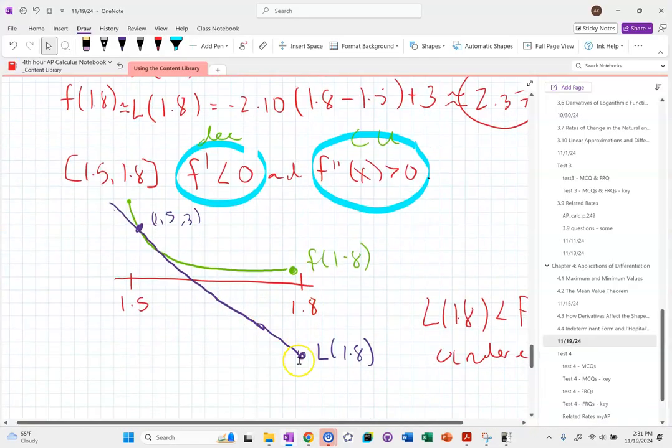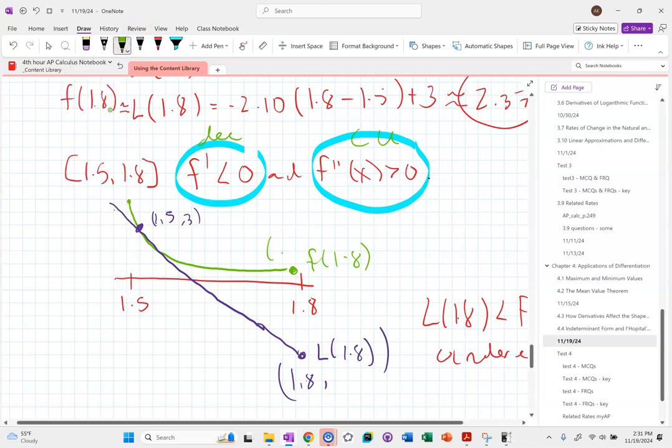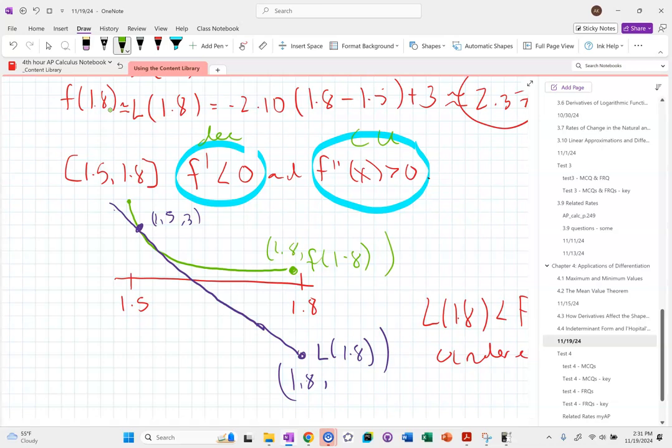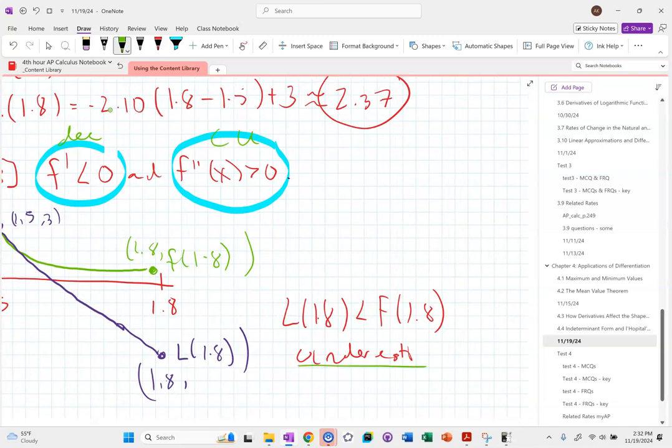The end of my tangent line is going to be 1.8 comma L of 1.8, and the end of my function is going to be 1.8 comma f of 1.8. Because I can clearly see that L of 1.8 is less than f of 1.8, I have an underestimate. I just drew a picture of the function and the tangent line, and definitely an underestimate. There's no way to draw it so it wouldn't be.